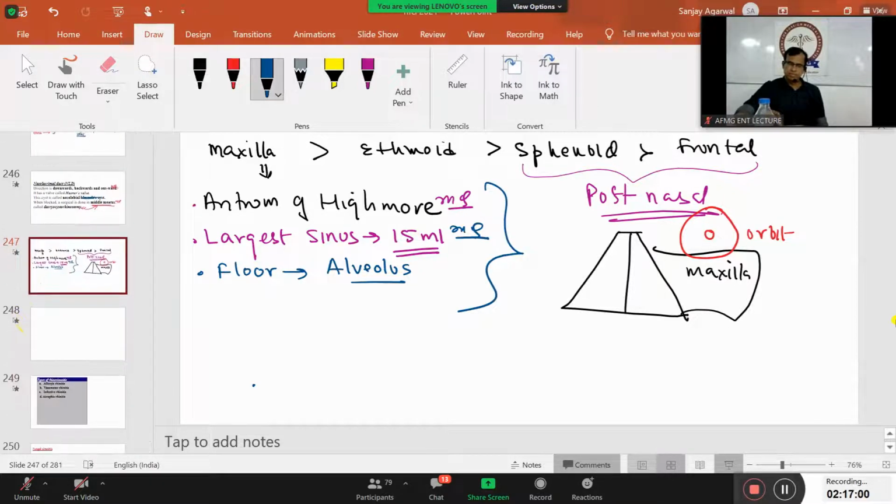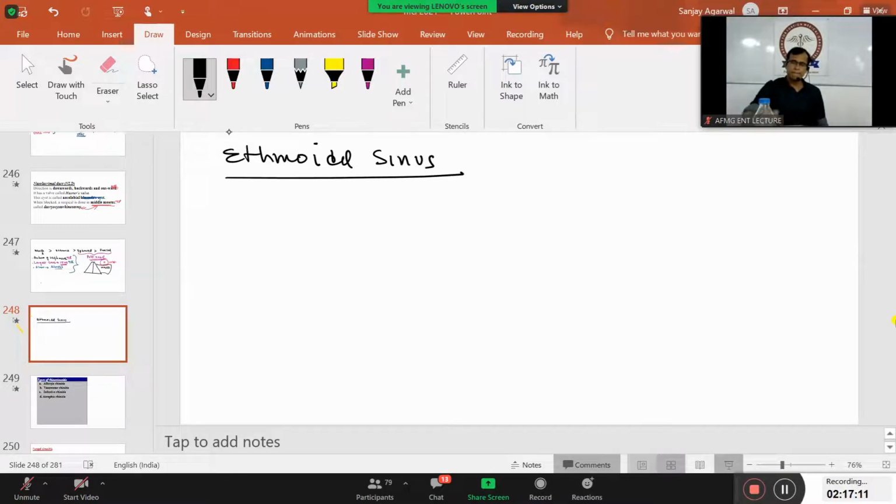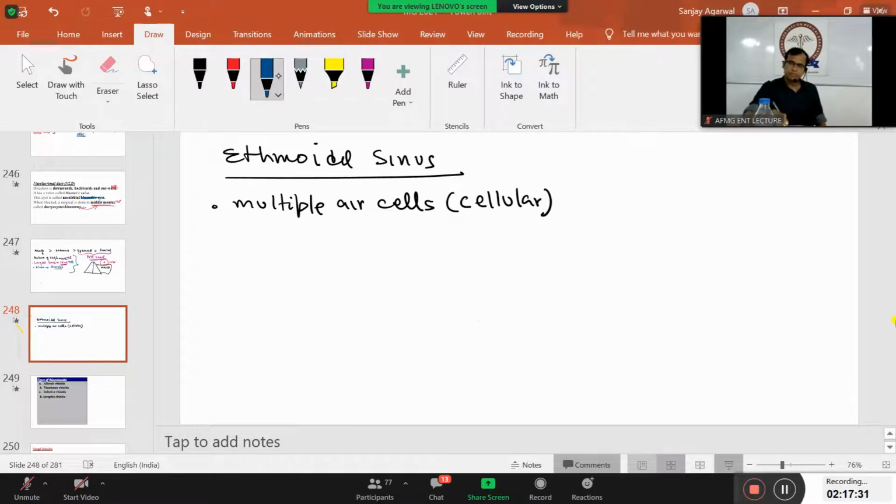Then, similarly, a few points about the ethmoidal sinus. You already know ethmoids are anterior and posterior. Now, the most important thing about ethmoids is that they are multiple air cells. Cells means it is cellular, multiple air cells with many lines.